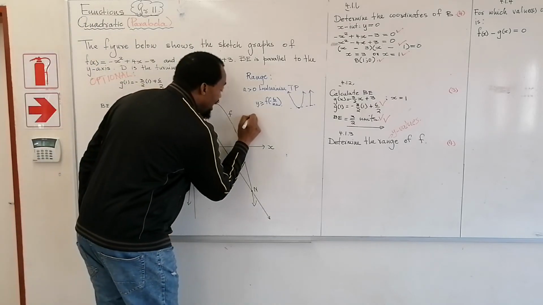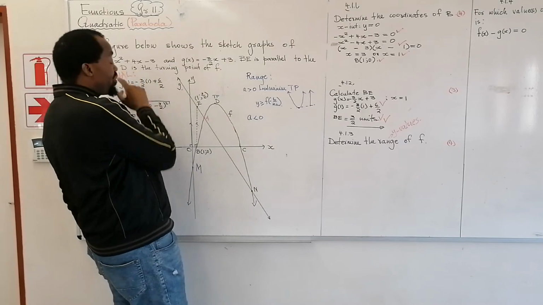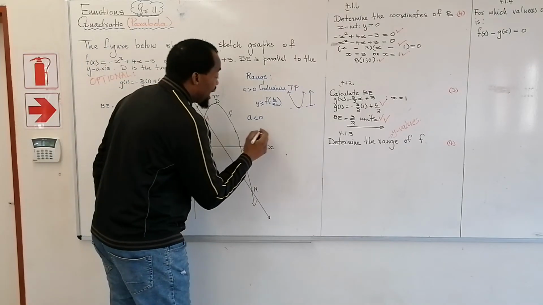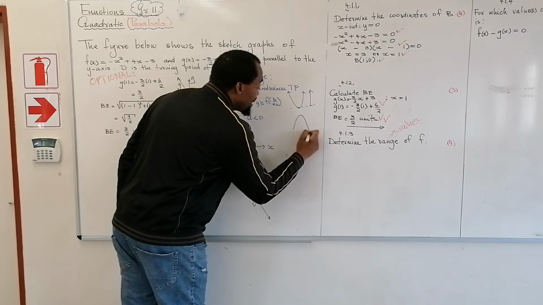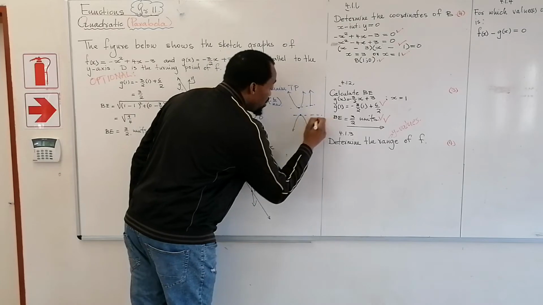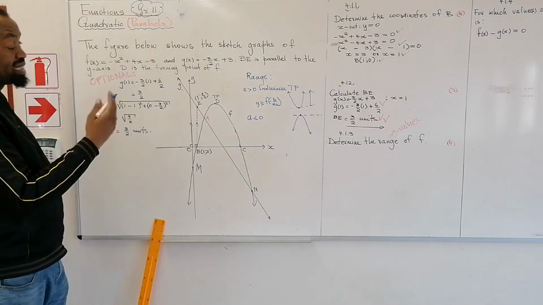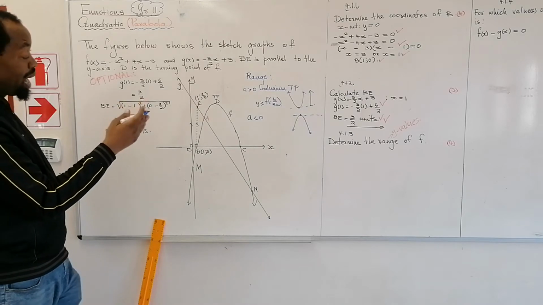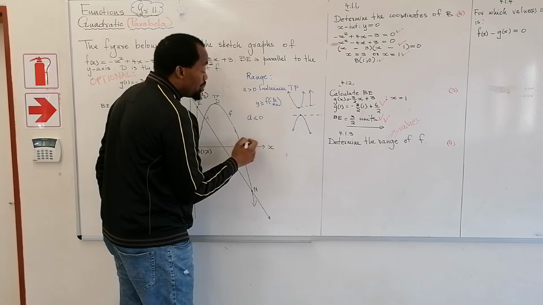Now, another one. The value of a can be negative like in this graph. That means we get the maximum turning point there. Remember, the turning point is a maximum value. I'm talking about the value of y of the turning point.